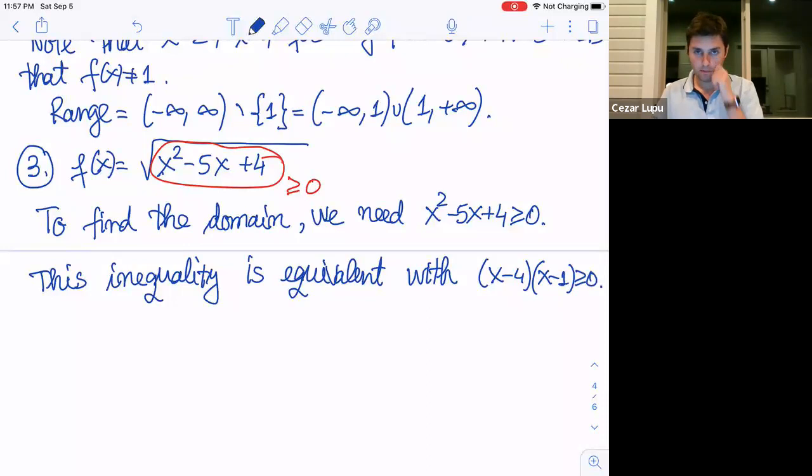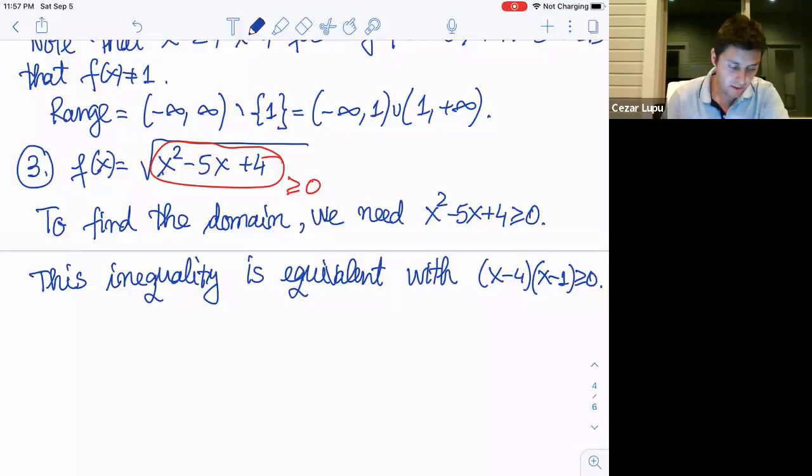Right? So it's equivalent with this. So we have a couple of options here. We have the product of two numbers being non-negative. Both of them have to have the same sign. So this means that either both of them are negative or both of them are positive. There is no other way around.